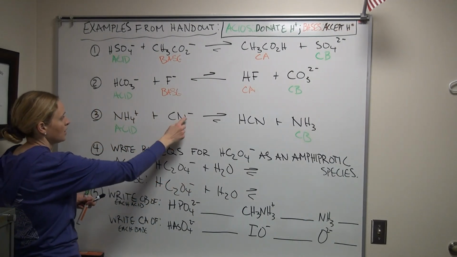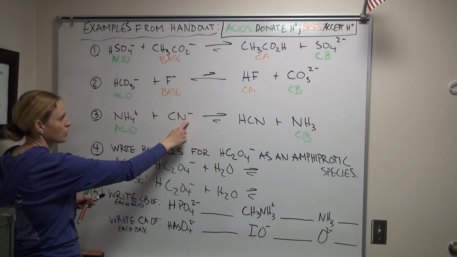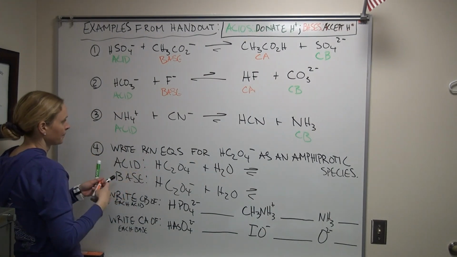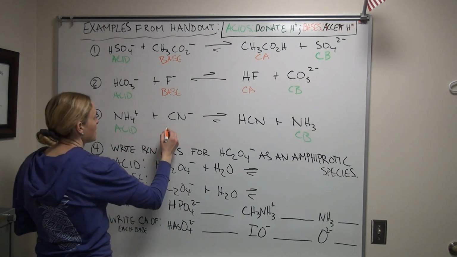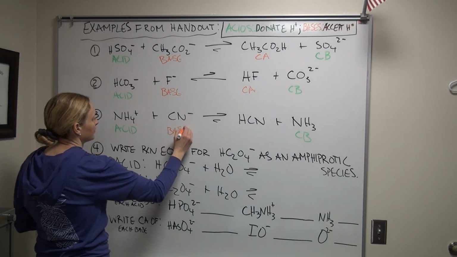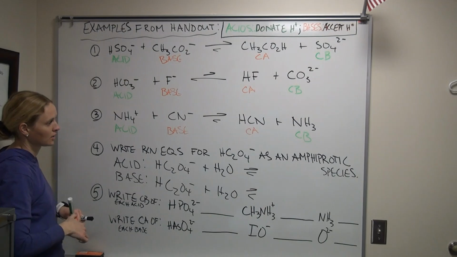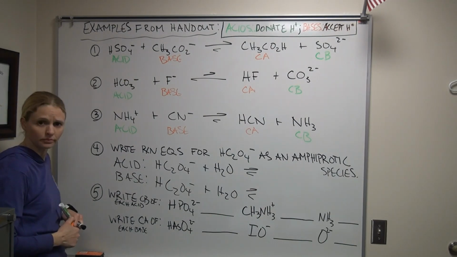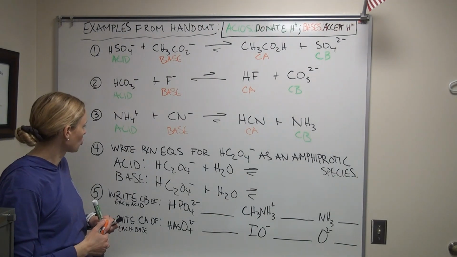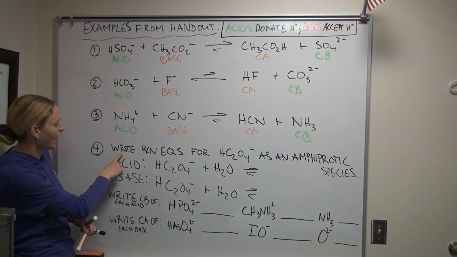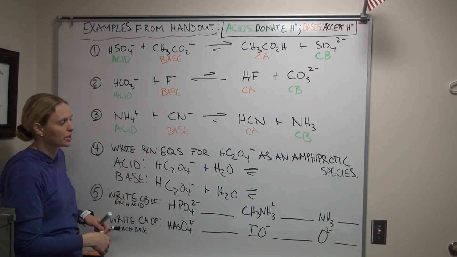And then these lone pairs of electrons on the nitrogen here take one of those protons, so accept or take is the definition of a base, and this would be the conjugate acid for that species. Okay?